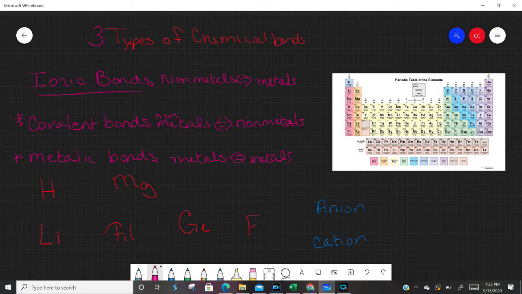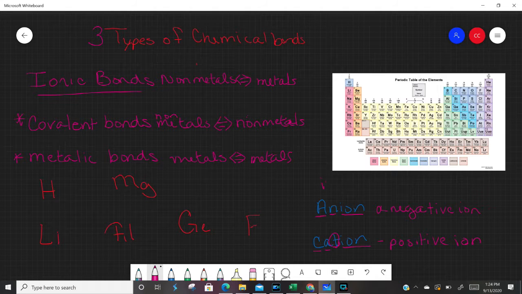A cation, C-A-T, is a positive ion. An anion is a negative ion. And remember, an ion is an atom that has a charge.